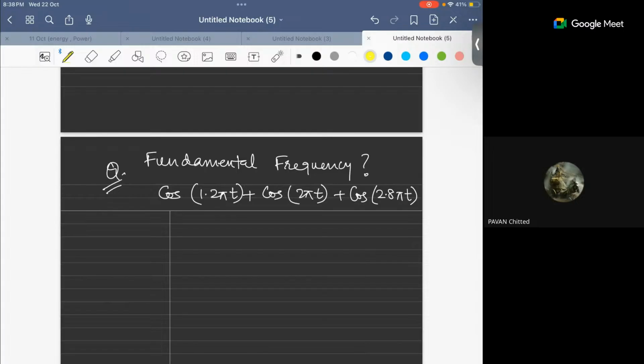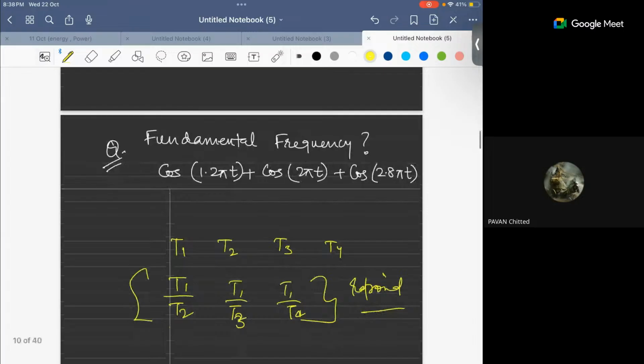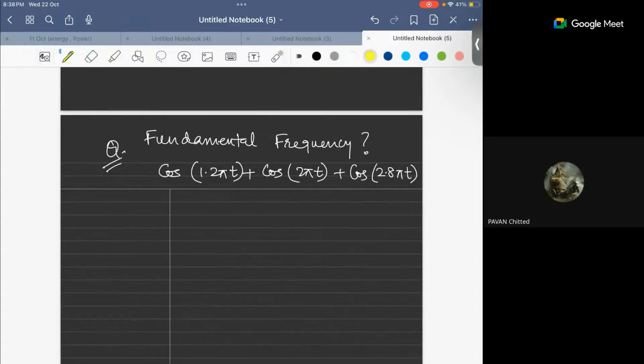Let's for example you have T1, T2, T3, T4, then T1 upon T2, T1 upon T3, T1 upon T4 should all be rational.